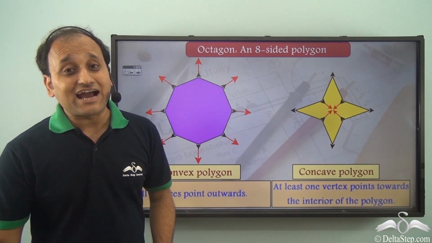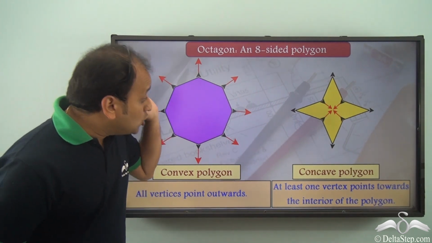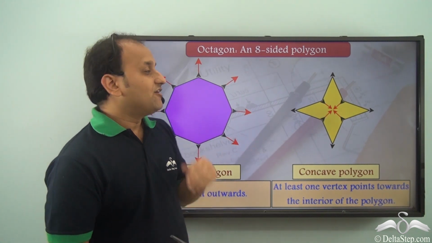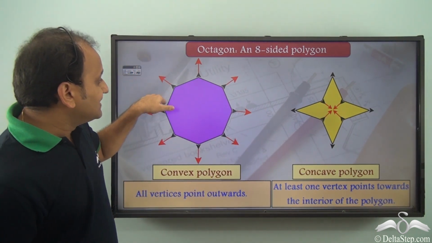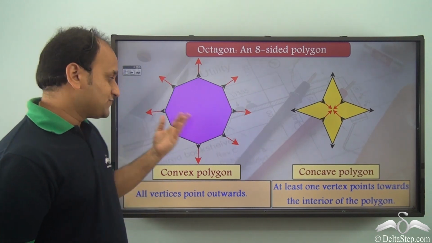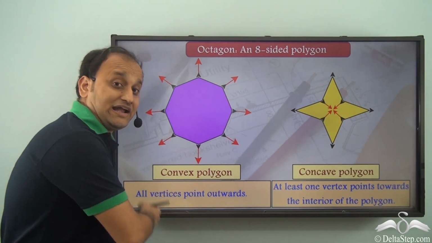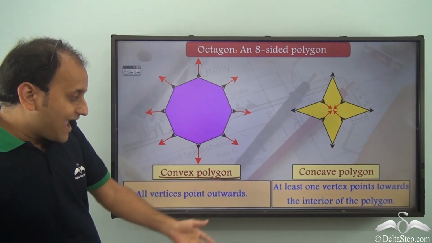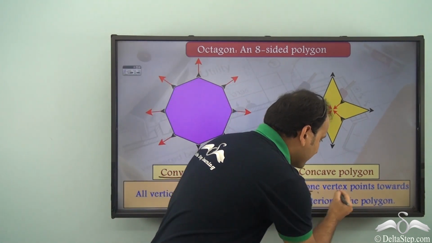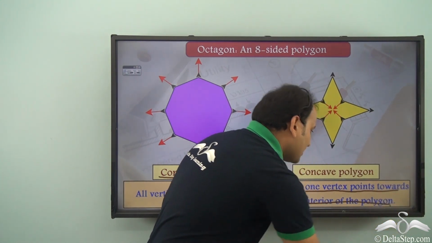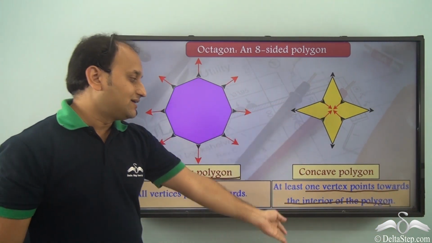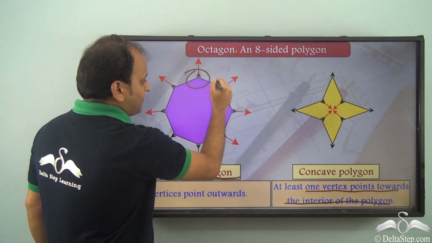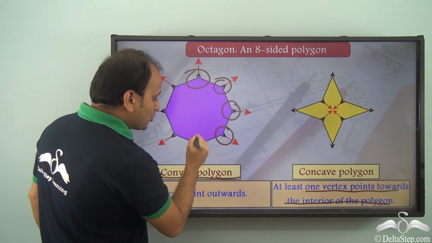So how can we actually identify just by looking at the polygon whether it is convex or concave? For that, we'll have to see where the vertices are pointing. So if all the vertices are pointing outwards, then it is a convex polygon. And if at least one vertex points towards the interior of the polygon, then we call it a concave polygon. So in this case, what do we see? Every vertex is pointing outwards, isn't it?